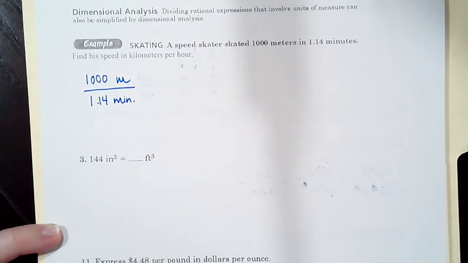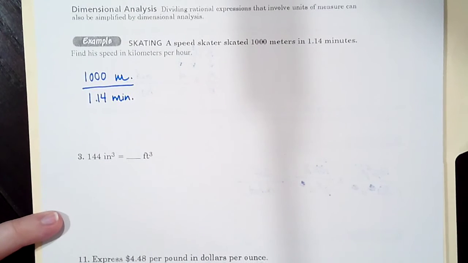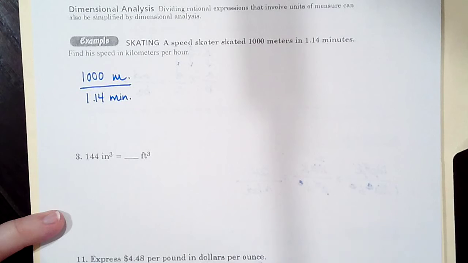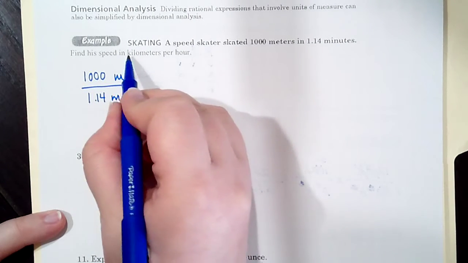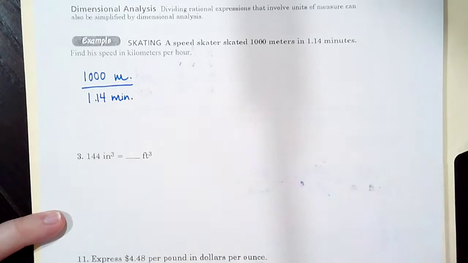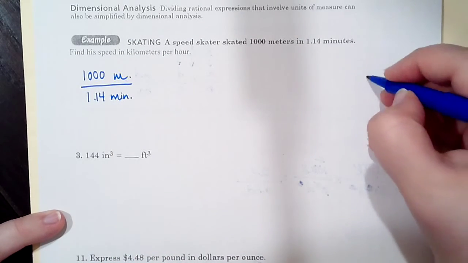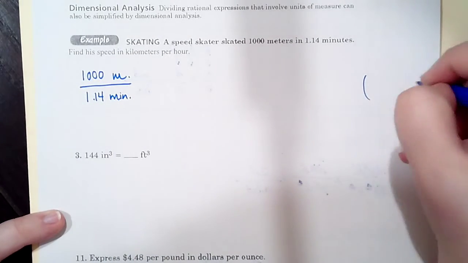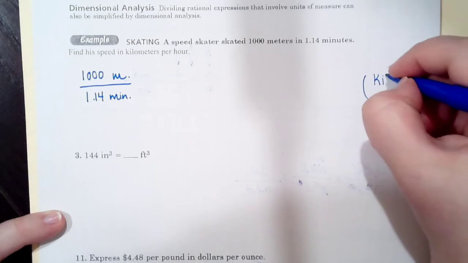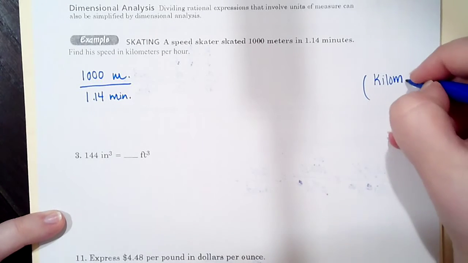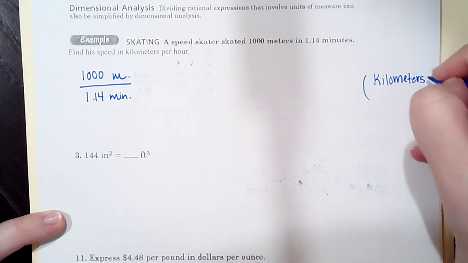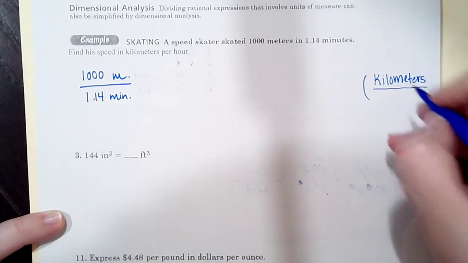Got to be careful with your units here because meters and minutes can get a little confusing. This is where I'm starting. I also like to give myself an end goal. So when this says I want to find the speed in kilometers per hour, what I like to do personally is I go to the other side of my paper and I say I want kilometers, or km, per hour.